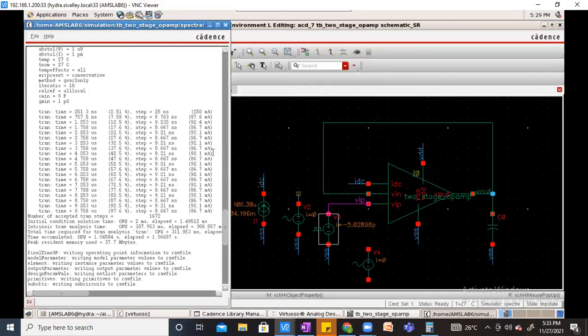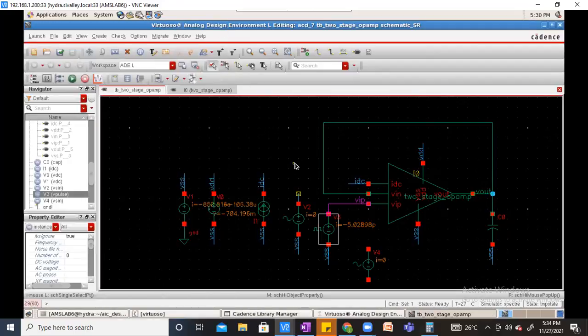Here we address two phenomena. One is settling time, second one is slew rate.